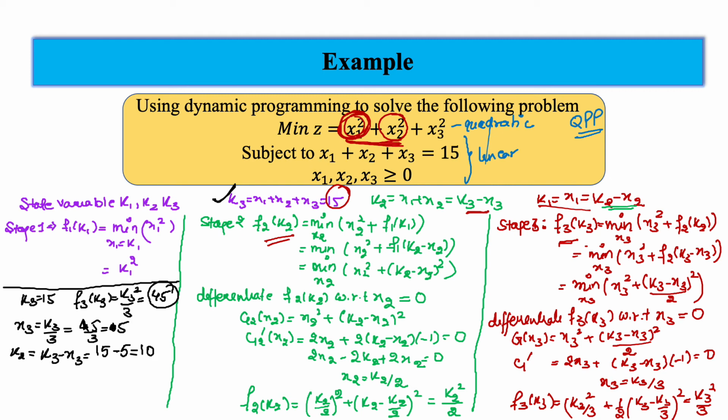So this is 10. Now what is x2? x2 is k2 by 2 from this equation, not square, k2 by 2. So 10 by 2 will give you 5.